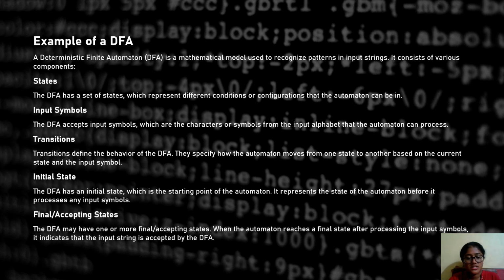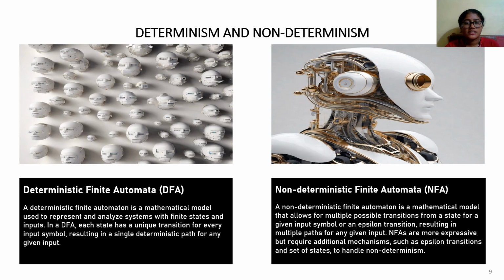Final or accepting state: the DFA may have one or more final or accepting states. When the automaton reaches a final state after processing the input symbols, it indicates that the input string is accepted by the DFA.